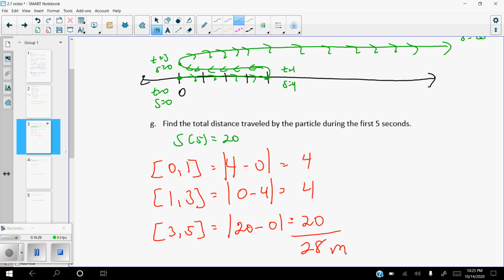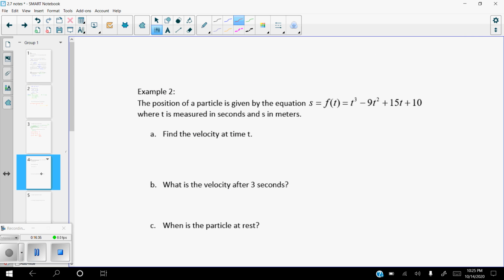Okay, we're going to run through the next one much quicker. So again, find the velocity at time t. We're given another position function. So velocity is the derivative: 3t squared minus 18t plus 15.